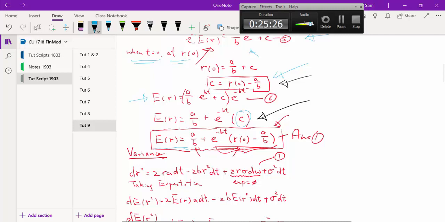Now, what you need to do when you want to determine what d r square is that it is actually equal to 2r dr plus sigma squared dt. Now, this is just from Ito's formula, or Ito's lemma. So I skipped a step here.